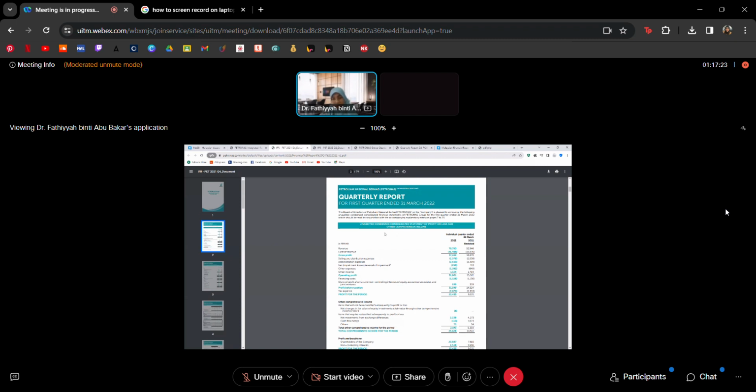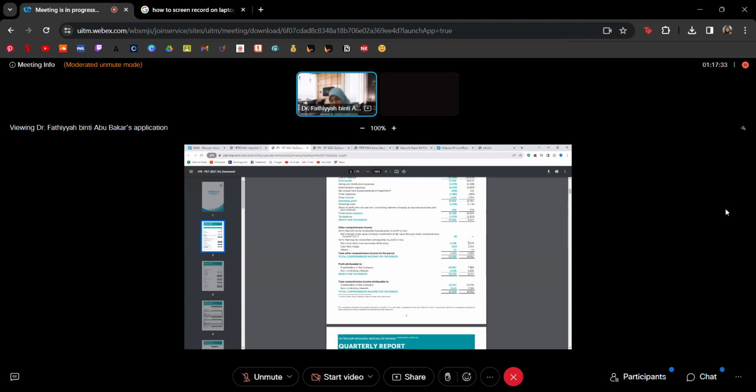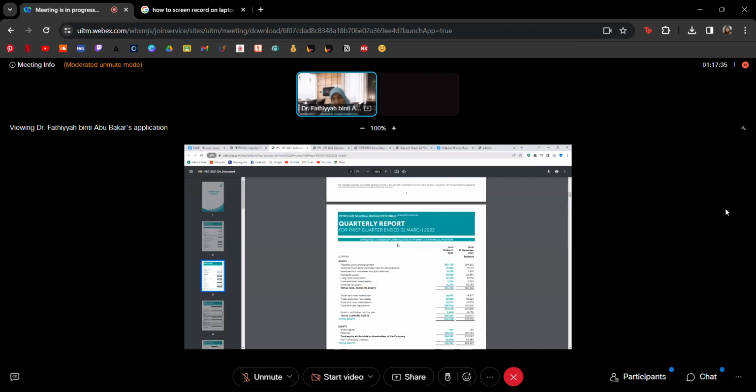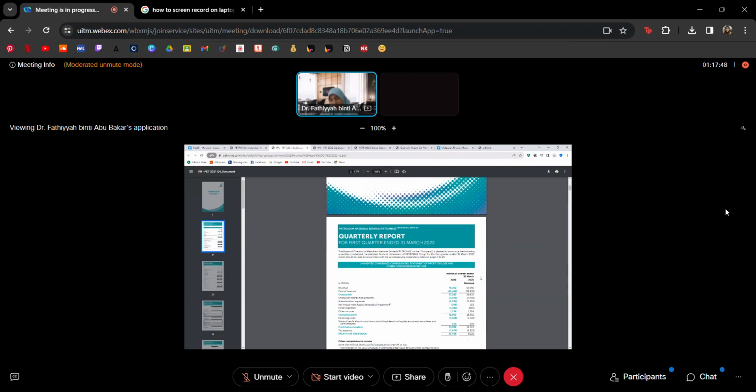You can see for a statement of profit or loss, or comprehensive income, they compare with the 31st March 2021. But for statement of financial position, they compare with the last preceding year's full set. Okay, 31st December 2021.